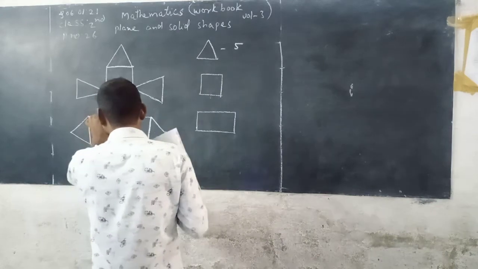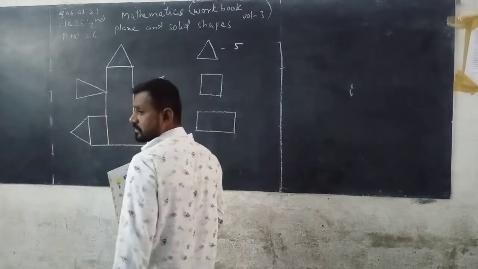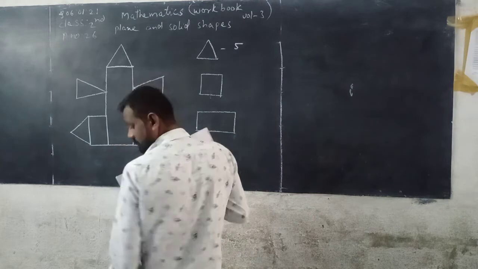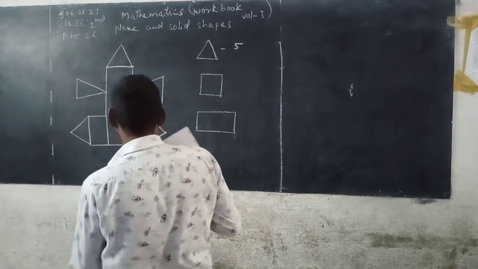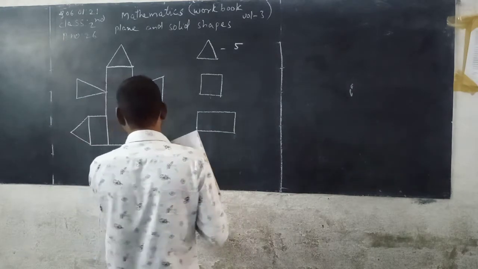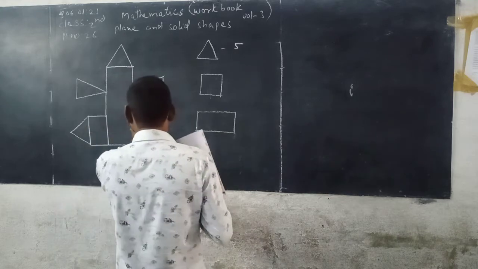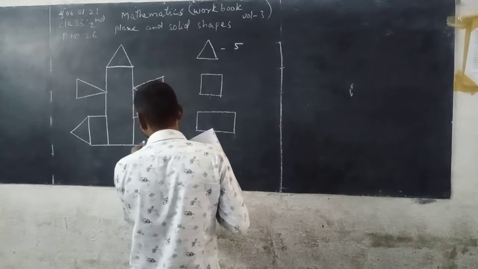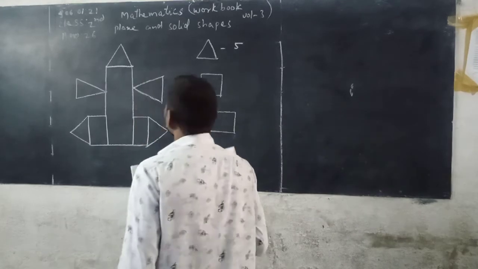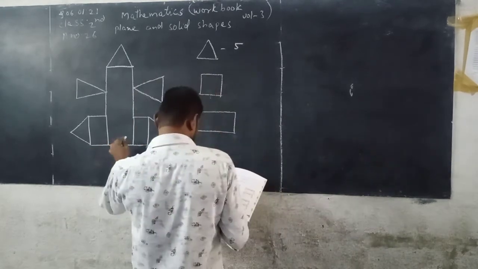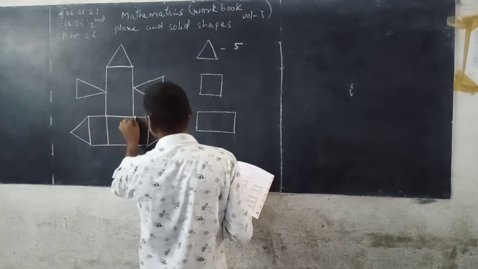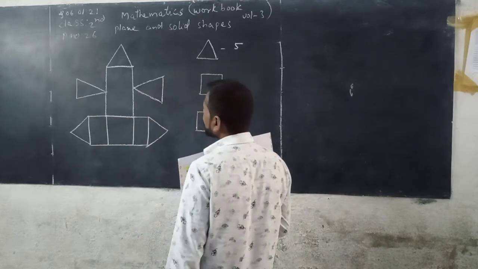See, you can draw this like this only. How many squares are there?